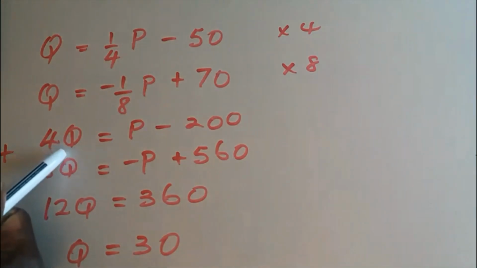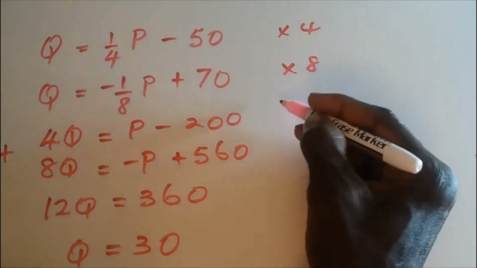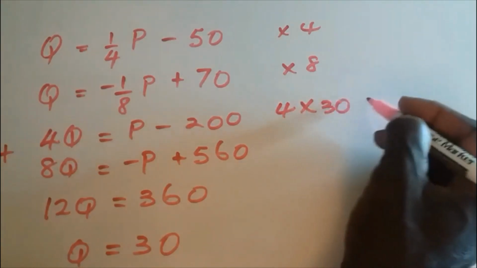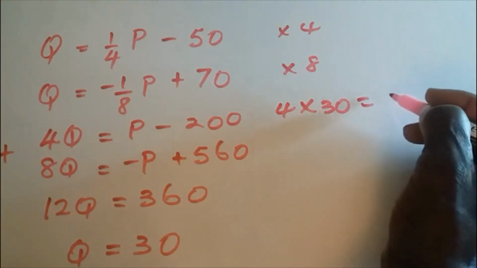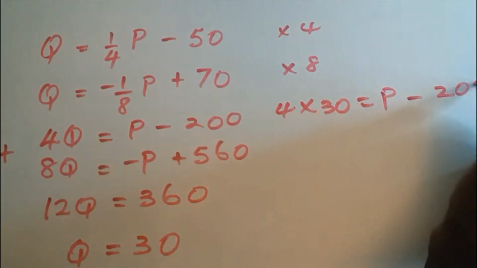We'll try and substitute in this equation. So we have 4Q, which is 4 times 30 is equal to P - 200.